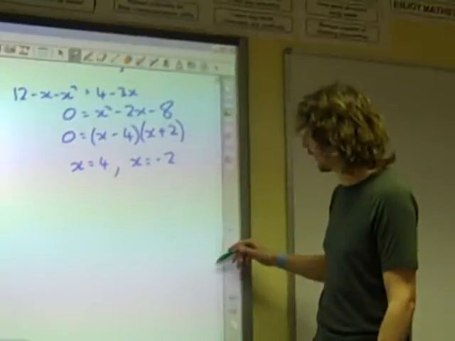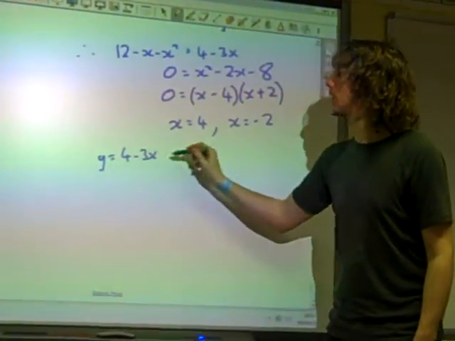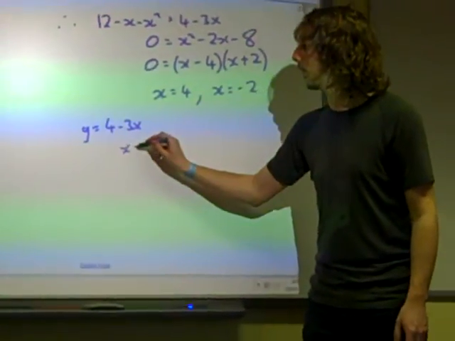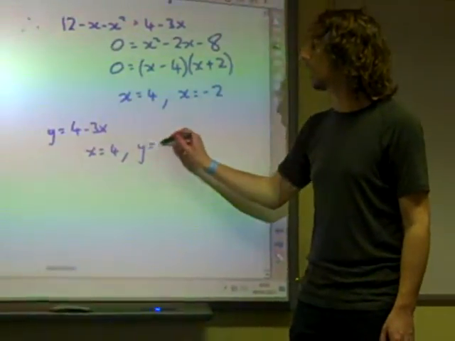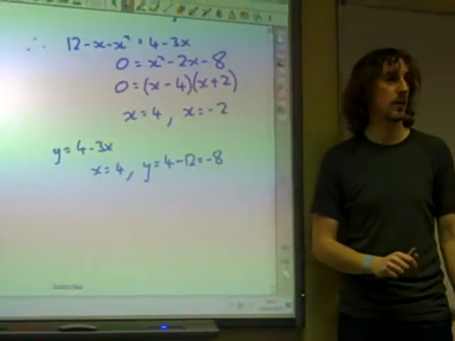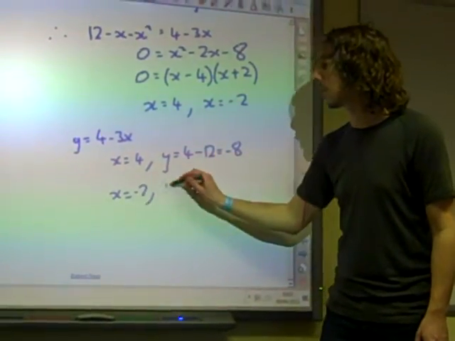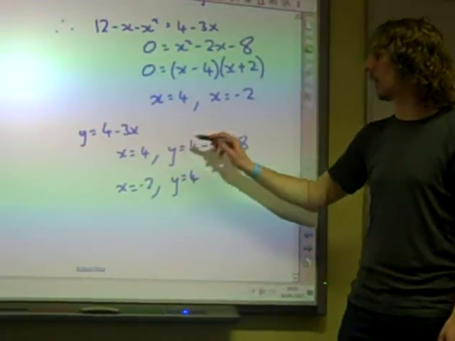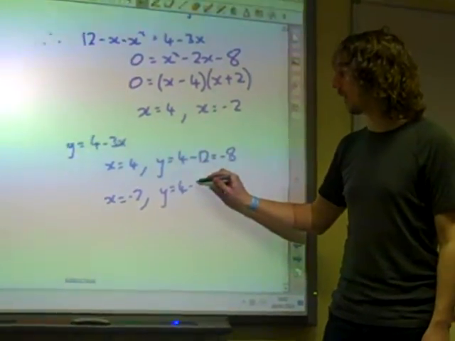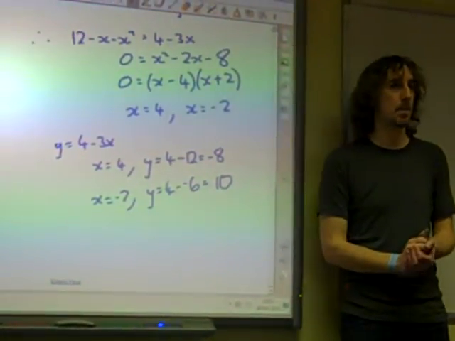That said y equals 4 minus 3x, so if we sub in x equals 4, y is 4, take away 12, so negative 8. And if we use minus 2, if x is minus 2, y is 4 minus 3 times minus 2, so that would be a negative 6. So that gives us 10.